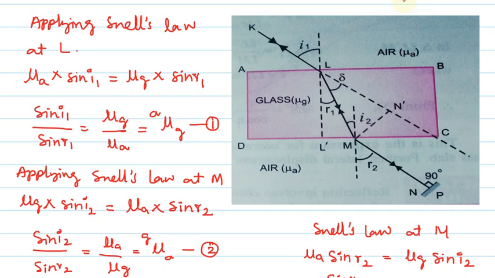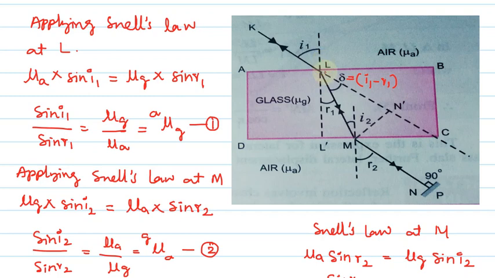Second right angle triangle is L prime and M. So this is a perpendicular. Here the angle enclosed is 90 degrees, and this is delta, which is equal to angle of incidence I1 minus R1. So delta is equal to I1 minus R1.